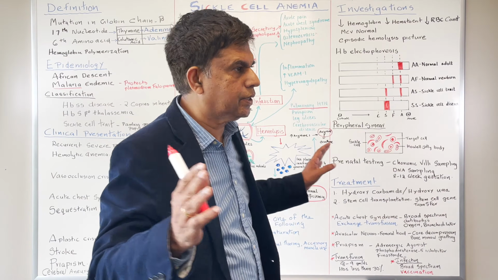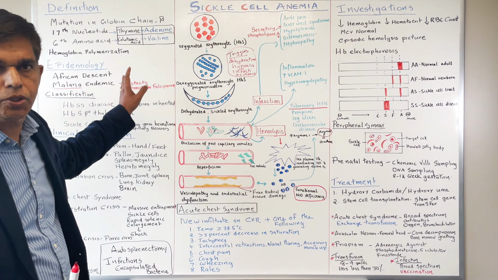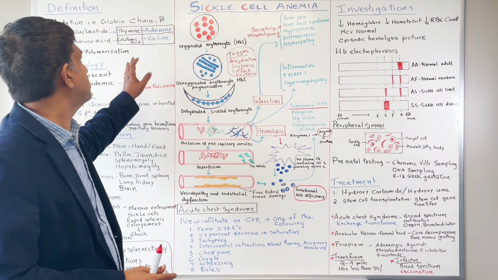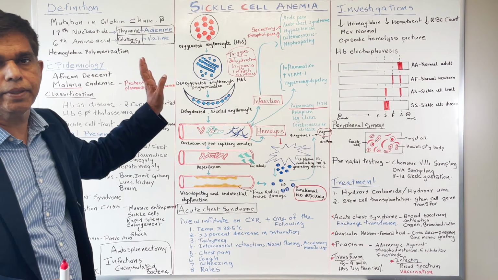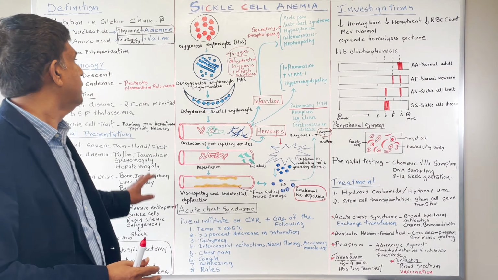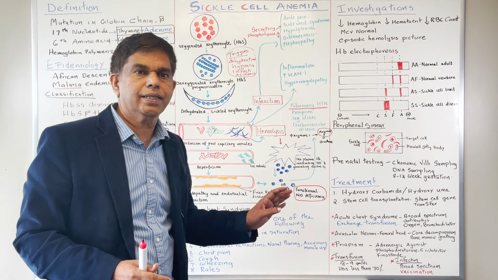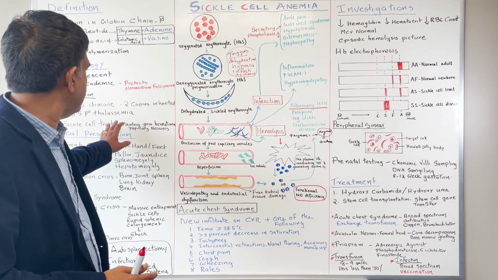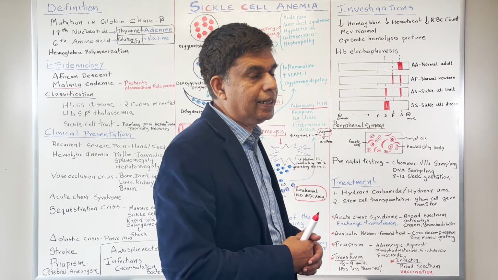So let me summarize again, really fast. Okay, let's talk about the 17th nucleotide. What happens is thymine is converted into adenine, and the 6th amino acid, glutamic acid, is converted into valine. There's polymerization going on, and then we talk about the Plasmodium falciparum protection in endemic areas. Sickle cell trait can cause painless gross hematuria.